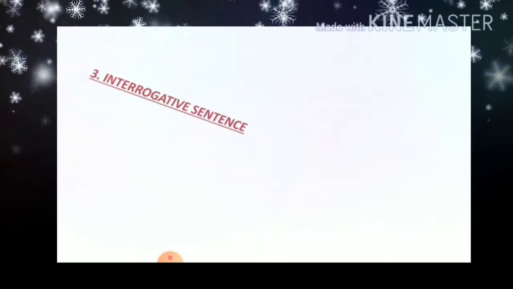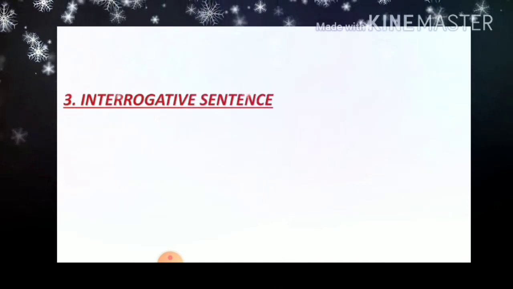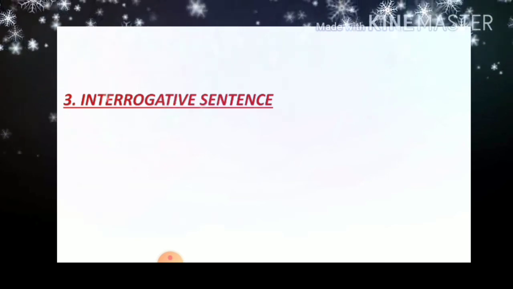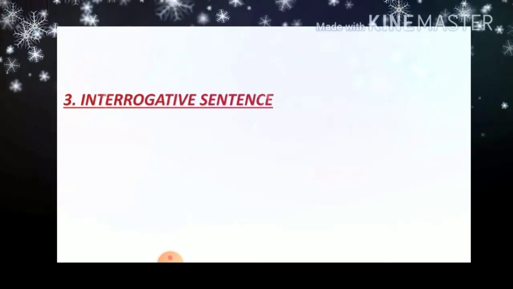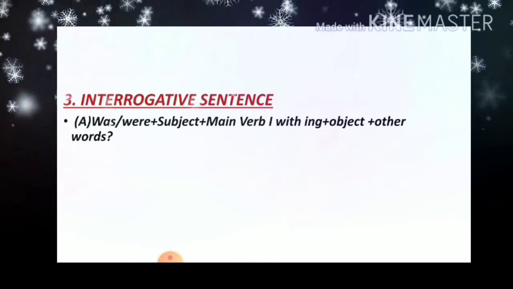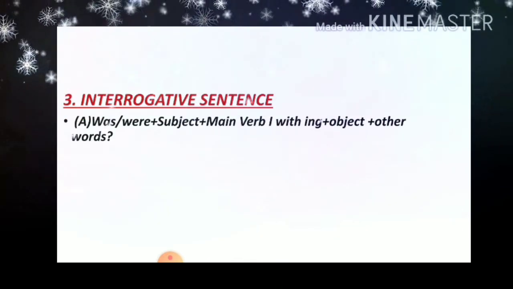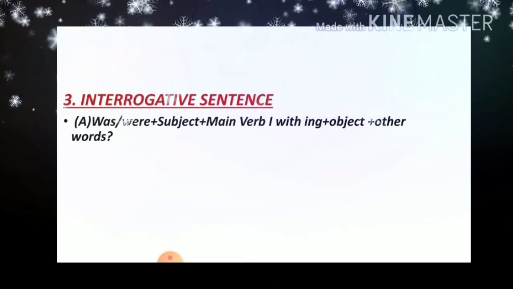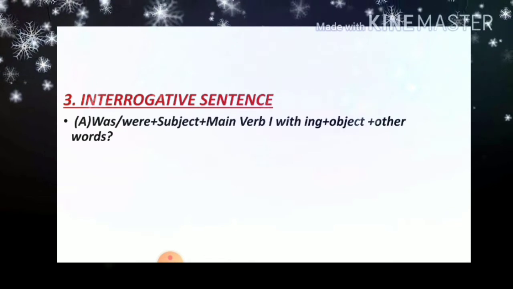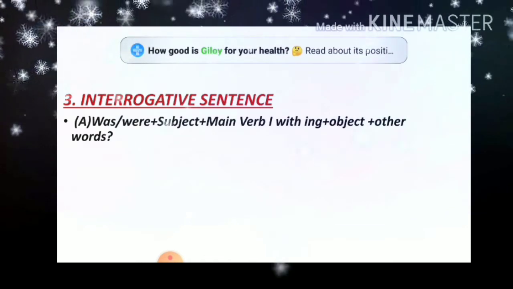Now let's go to the next part, that is the interrogative sentence. As you know, the interrogative sentence comprises two kinds. The first one is the yes-no type. Here the sentence starts with the helping verb, whatever the helping verb is as per the tense. Here the helping verb is was or were.